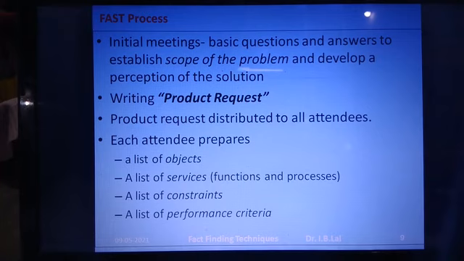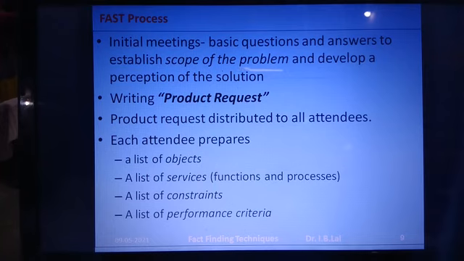Now we come to the first process. Initial meetings between the developer and customer occur, and basic questions and answers help to establish the scope of the problem and the overall perception of a solution.